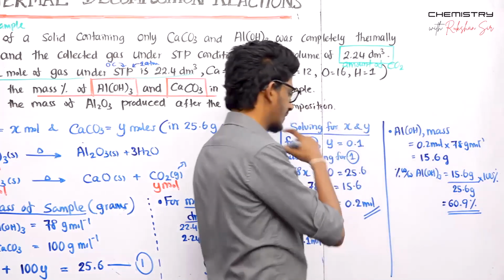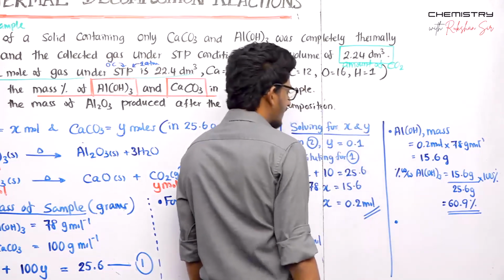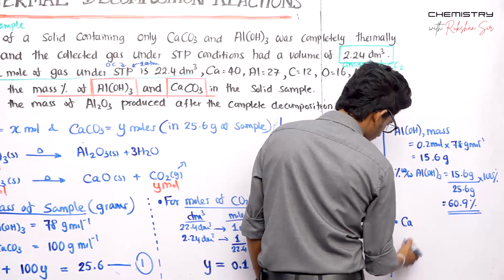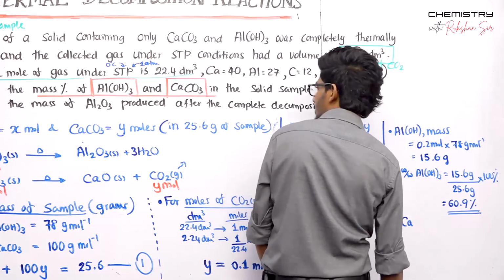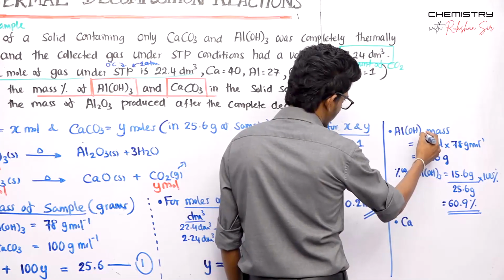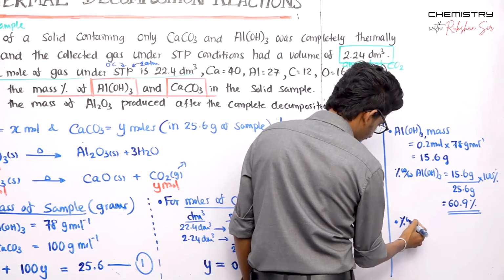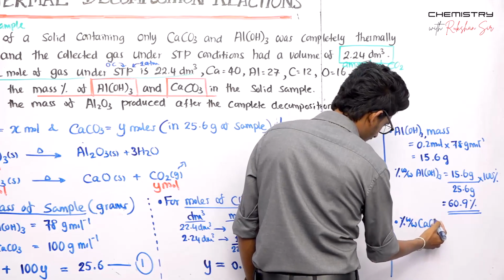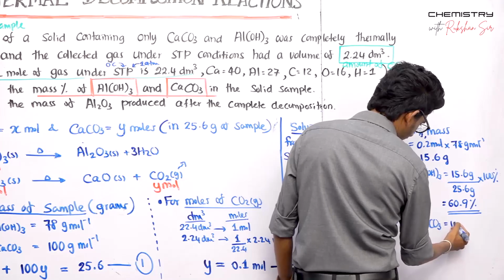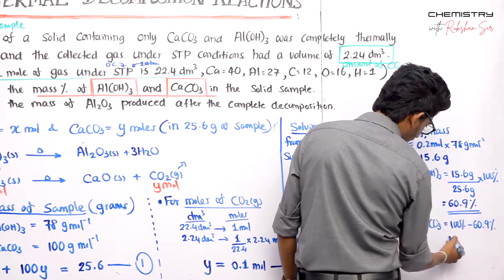That is aluminum hydroxide. Let's do the same for the calcium carbonate as well. Only the calcium carbonate and aluminum hydroxide are there, so one can write the percentage of calcium carbonate as 100 minus 60.9, as only those two are there.